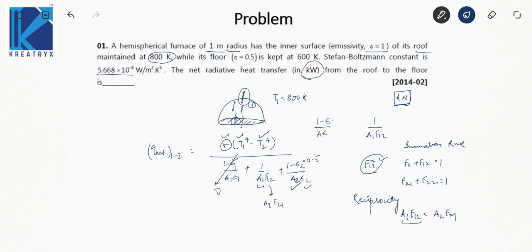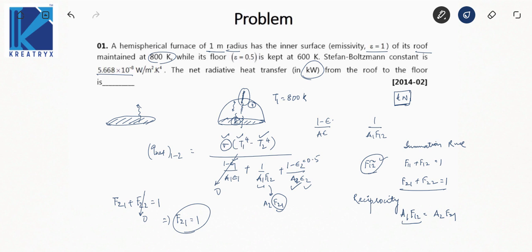We also don't know F21, so we apply the summation rule: F21 plus F22 is equal to 1. F22 is 0 because this is a flat surface; the fraction of radiation going from 2 and falling on 2 is 0. That implies F21 is equal to 1.